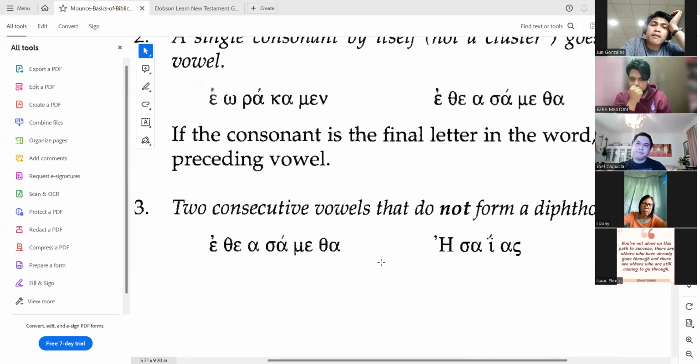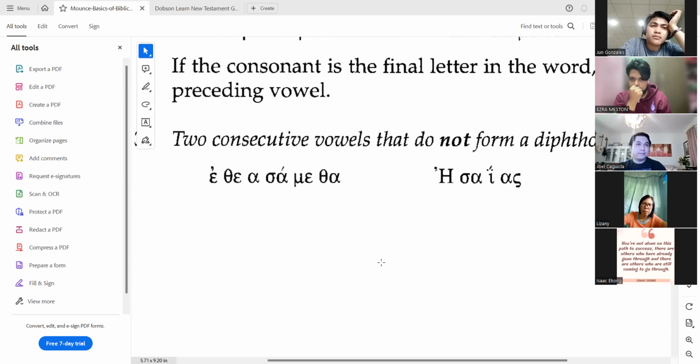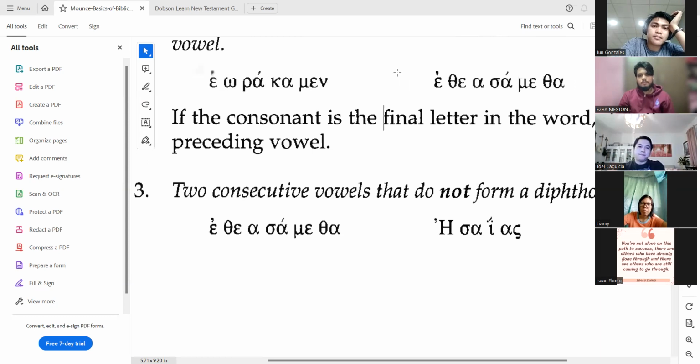But anyway, two consecutive vowels that do not form a diphthong. This one has a diaresis, okay? But let's read the first one. Eseya samesa, the one we read a while ago.